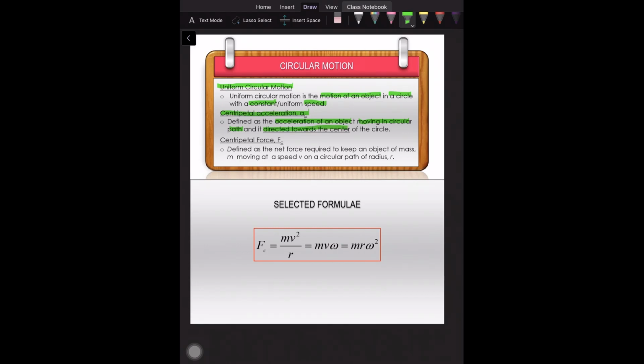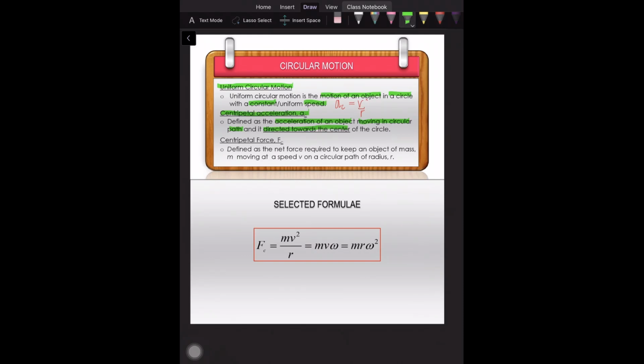Centripetal acceleration is denoted by a_c, and the equation is a_c equals v squared over r. That is the equation for centripetal acceleration.